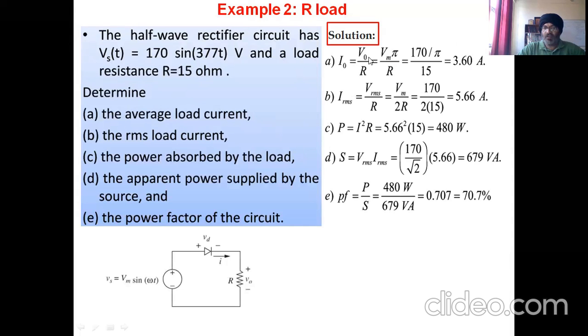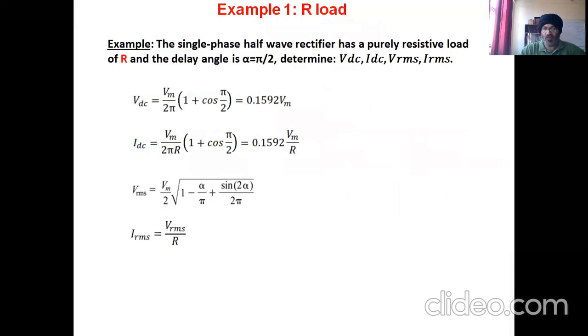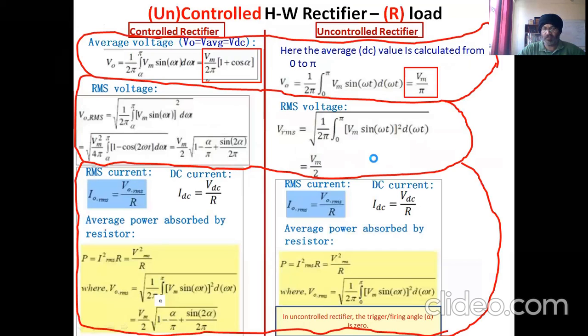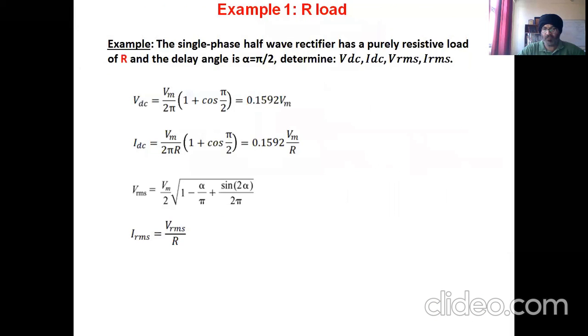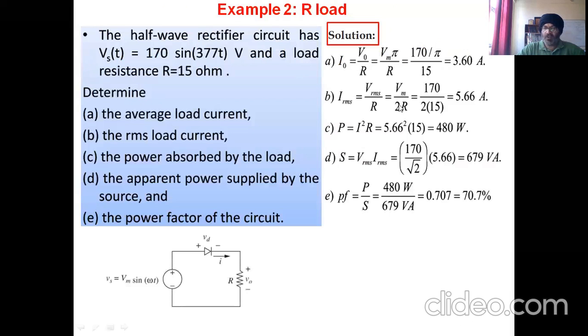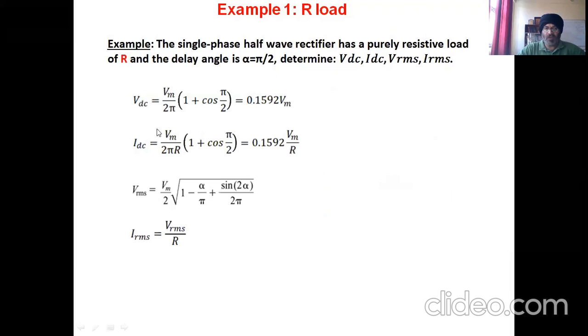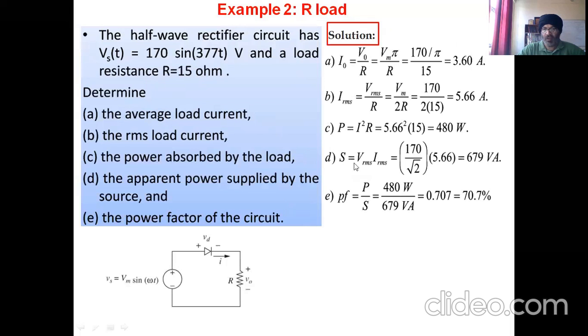In this case, VO by R, output voltage divided by load resistance, we can easily find the value of the load current, which is the average current, just by using the formulas we derived here. RMS also we can calculate just like this. And once we know this, we can easily find out the power dissipation, or power absorption, at the load.